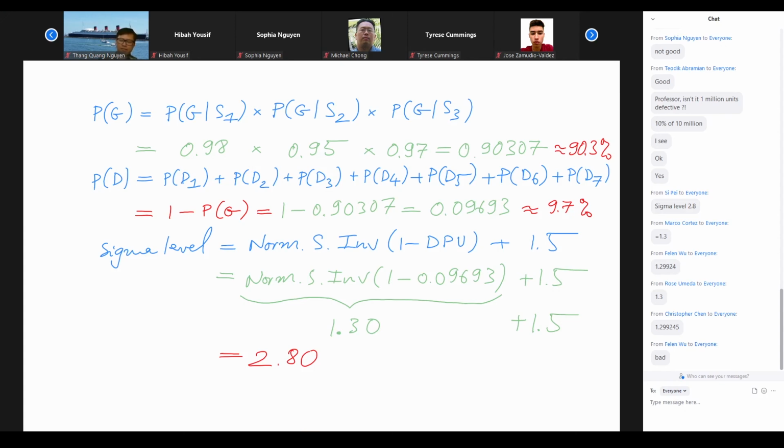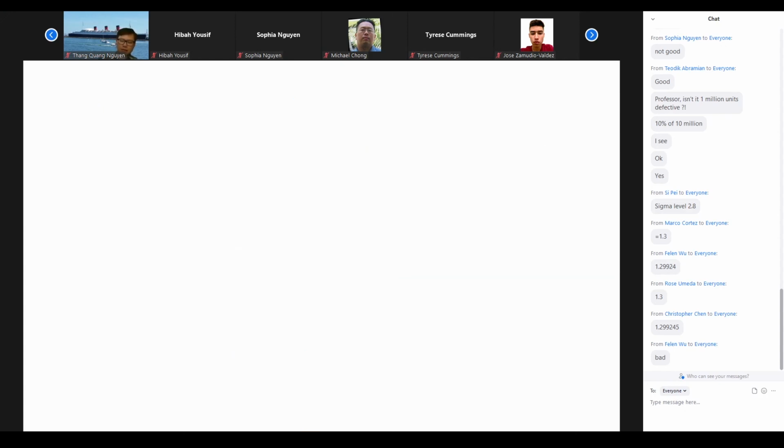So now let's try to sketch the number. The sigma level might sound technical, but actually it is just a number that signals the quality of the process. So why is that? Because if we sketch it out, it's going to look like the following. That's a standard normal distribution right here.